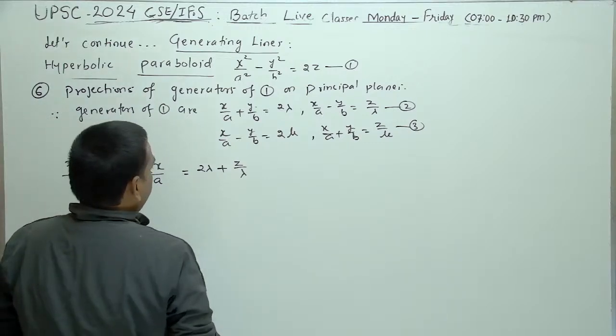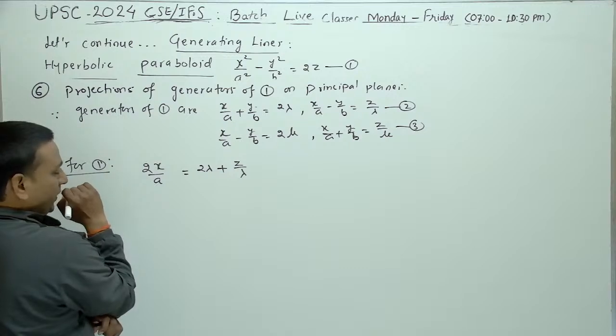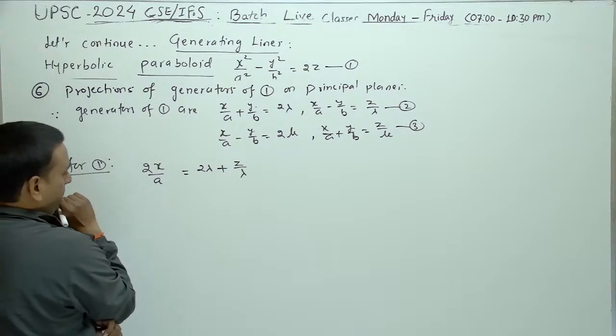So what you get from here is 2 lambda square here.